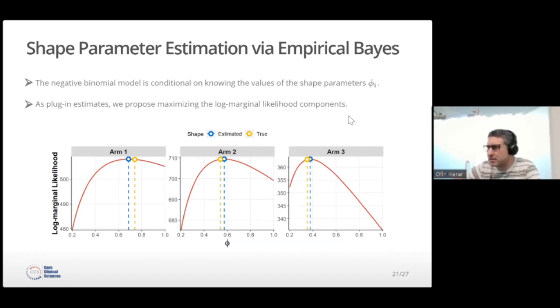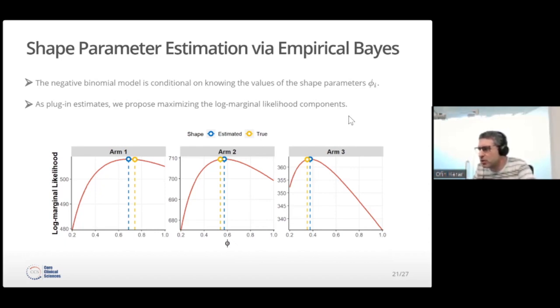Basically, that's the likelihood once we average over the prior values. We maximize each component, the component pertaining to each arm individually, and we come up with plug-in estimates for those nuisance parameters.